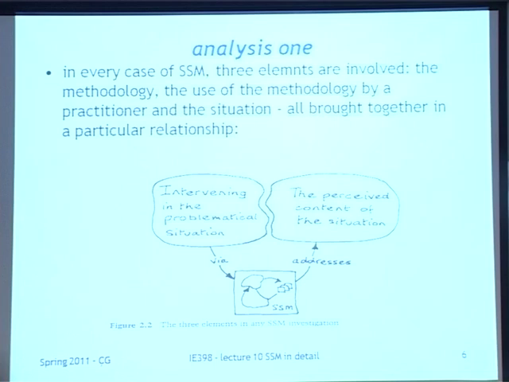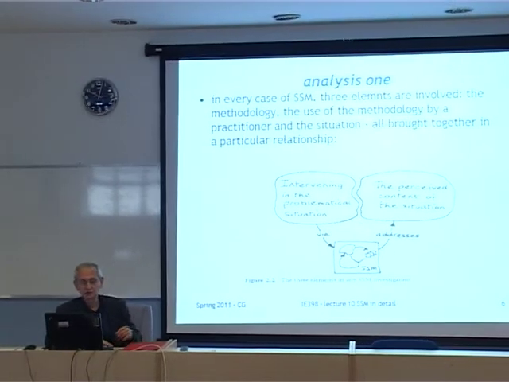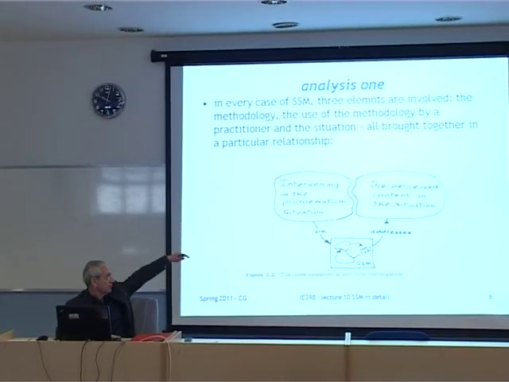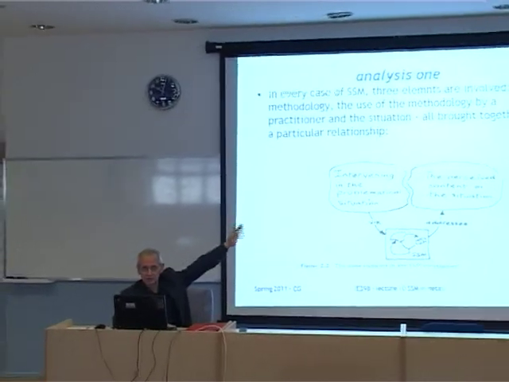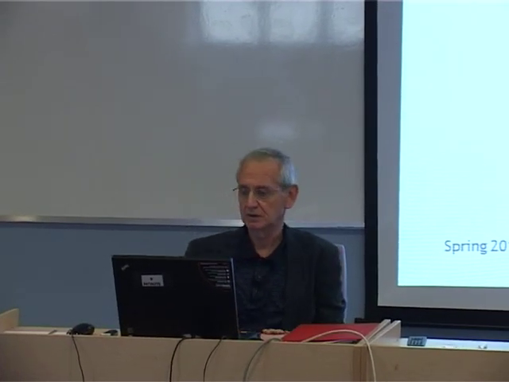There is a methodology, which is indicated by the sheet at the bottom there, and there's a practitioner and a situation, intervening in the problematical situation using this methodology that addresses the perceived content of the situation. At the right-hand side, at the top, we have the problem situation. At the bottom, we have the methodology. On the left-hand side, at the top, is the person who intervenes, the practitioner.